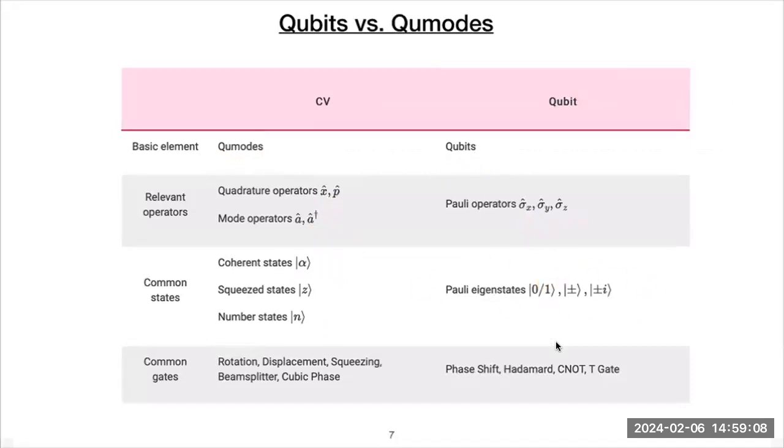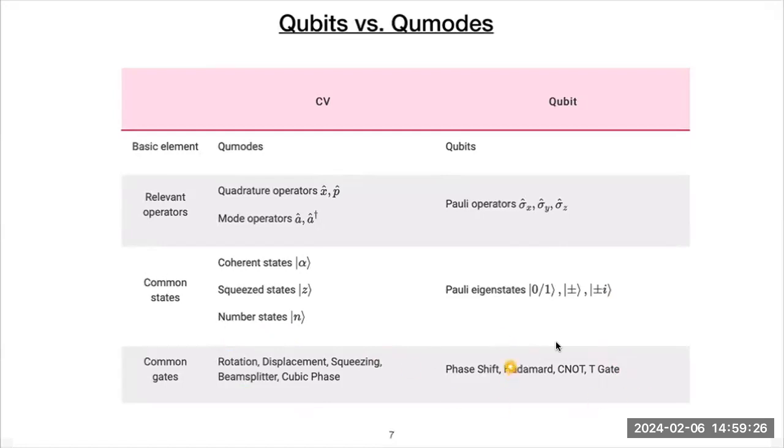In these cases, it's 0, 1, spin up, spin down, or plus, minus, or plus minus i. In this case, the unitary gates are rotation, displacement, squeezing, beam splitter, and cubic phase. I don't have time to go into the definitions, but these are the unitary gates.